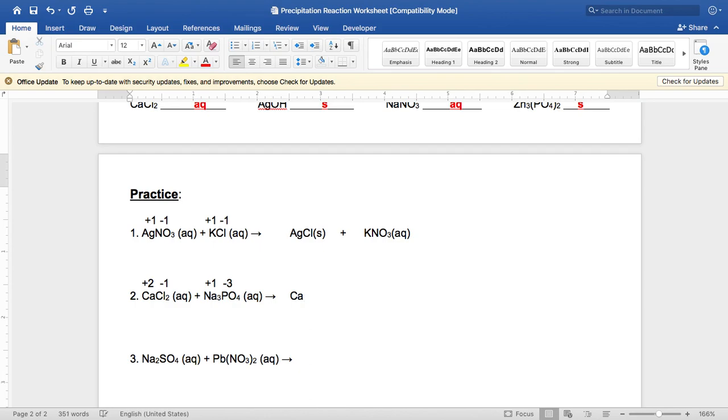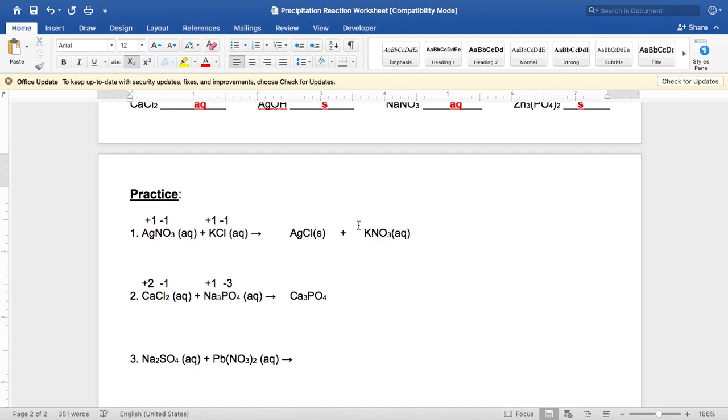So I'm going to write my Ca first, and I take the opposite charge. That's my 3, and I'm going to make it a subscript. Then I write my PO4, because I can't change that in any way. And then I write whatever charge was left, and that's a 2. But if you remember, if I write a 2, that looks like PO42.